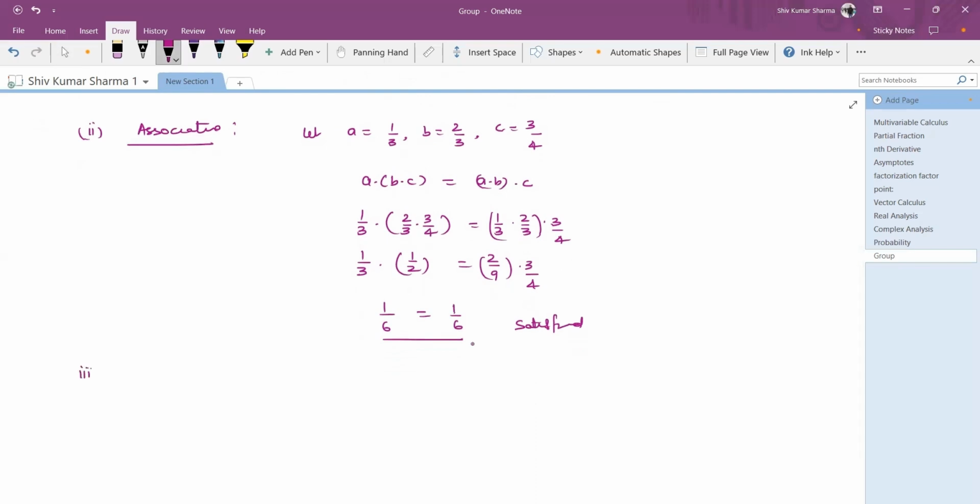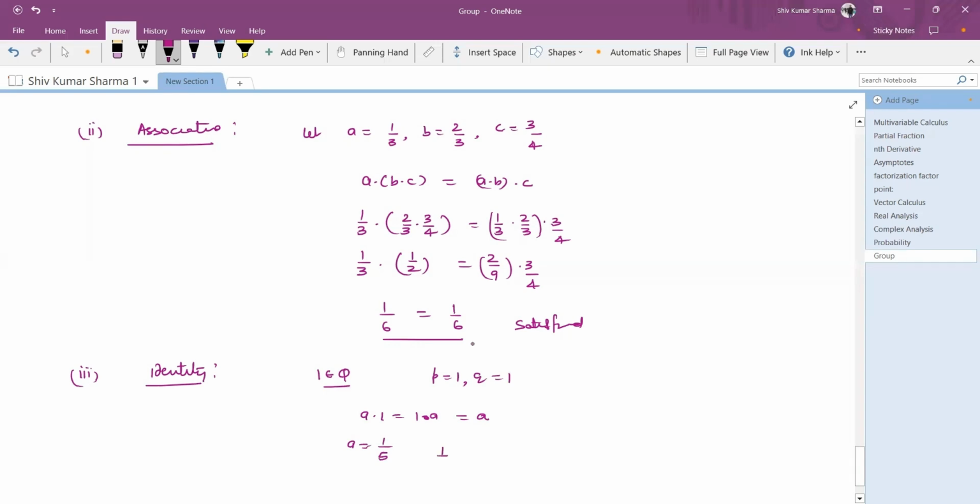Third, identity. It also satisfies the identity. The multiplicative identity is 1, and 1 belongs to the set of rational numbers, that means when P equal to 1 or Q equal to 1. When we take any element, A into 1 is equal to 1 into A is equal to A. A you can consider as 1 by 5.